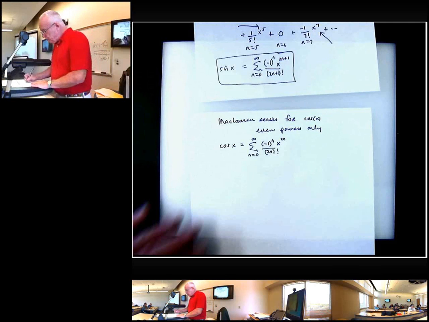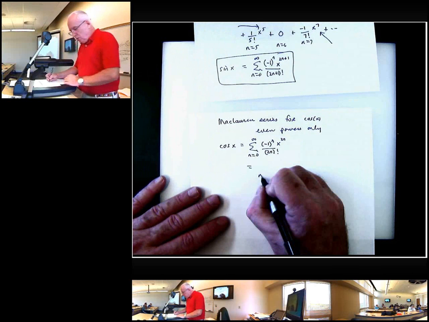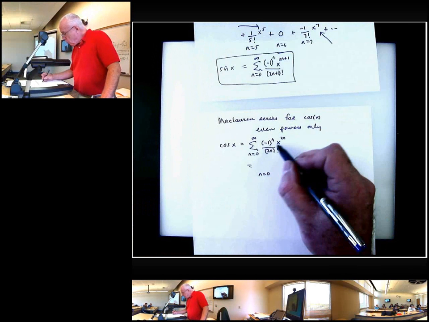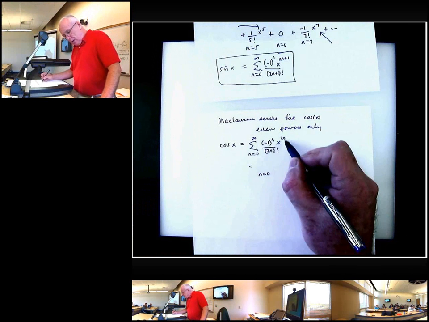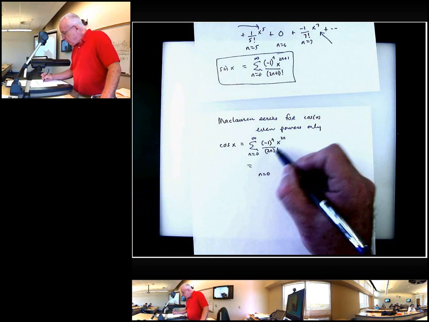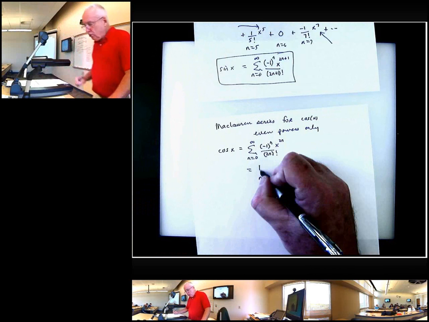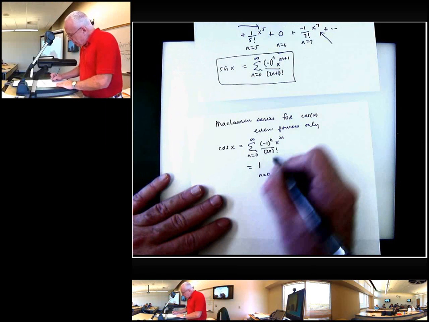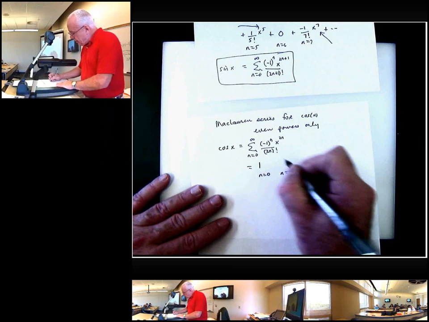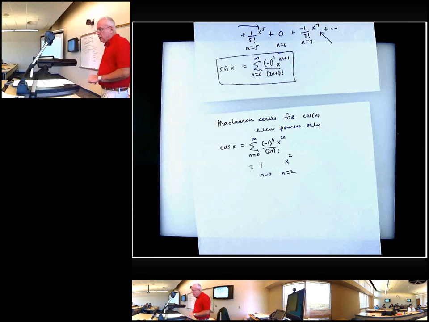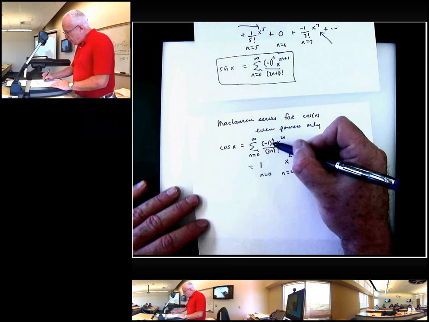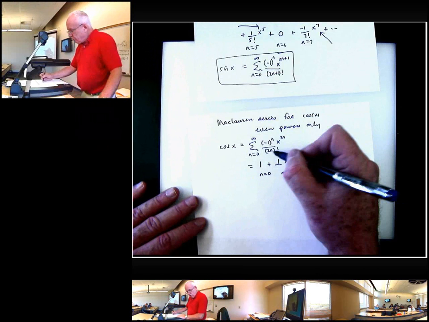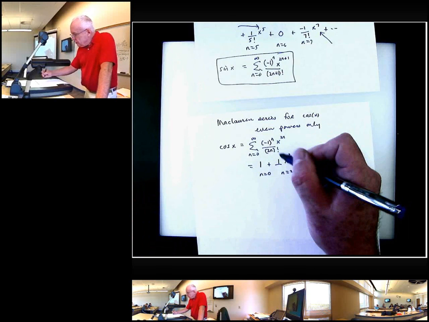And then the first few terms of this. When n is equal to 0, x to the 0 power is 1, 0 factorial is 1, so our first term is going to be 1.